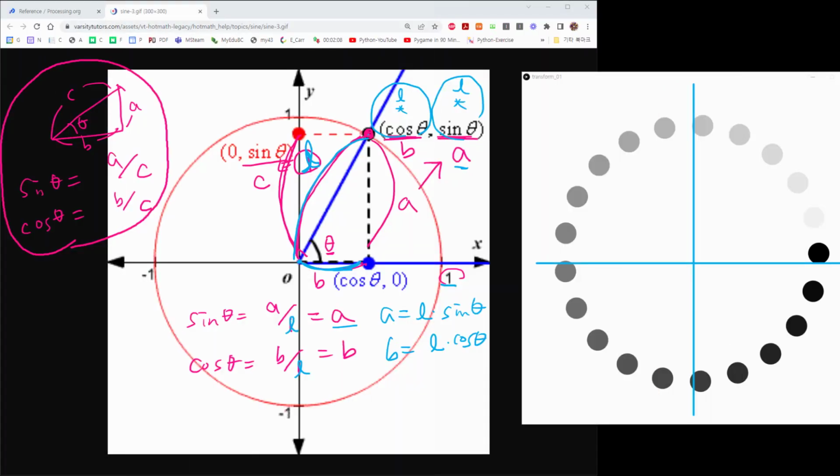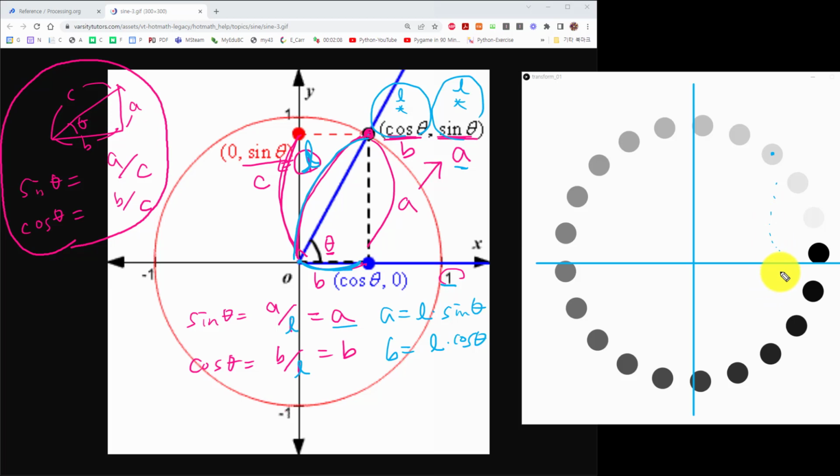This might be a little complicated if you don't know what cosine and sine theta are. So let me explain once again with these pictures. I'm going to find this coordinate, which means you have to know this point.